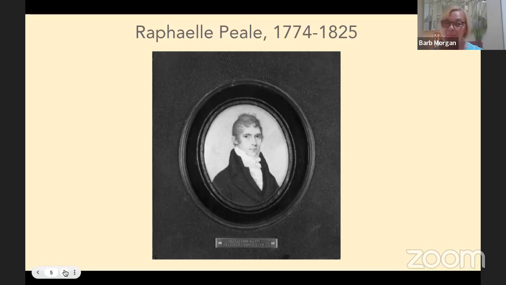Raphaelle had brothers named Rembrandt, Titian, and Rubens. Many of them did not survive, but Raphaelle was the oldest son to survive, and the other one that he did some collaboration with in his life and art was Rembrandt. So the two R brothers are the two that worked together a little bit.